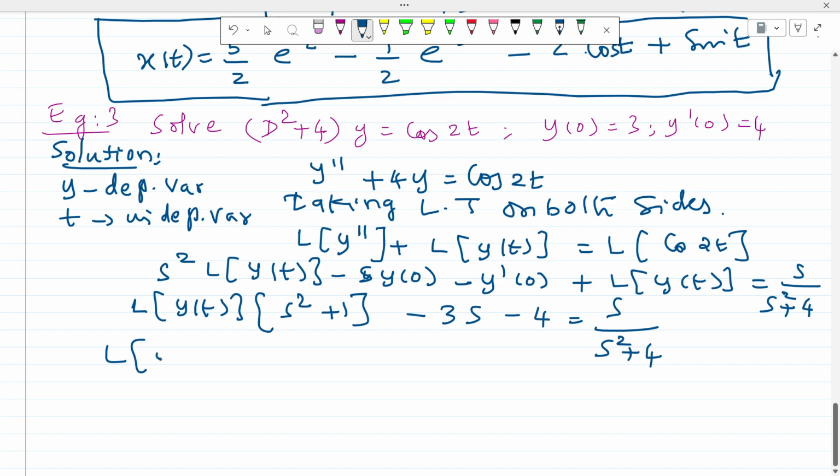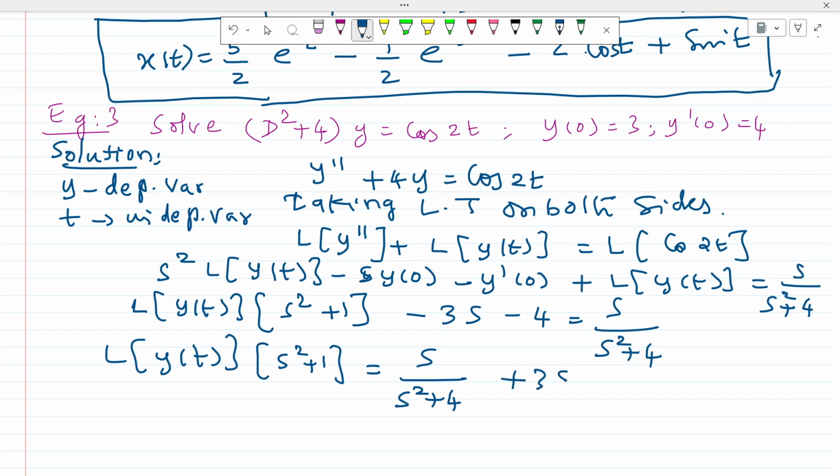Okay, therefore L of y of t into s square plus 1 equal to s by s square plus 4 minus plus 3s plus 4.